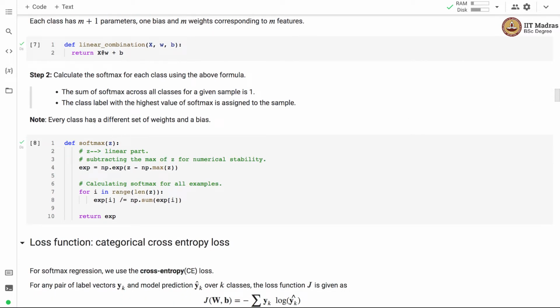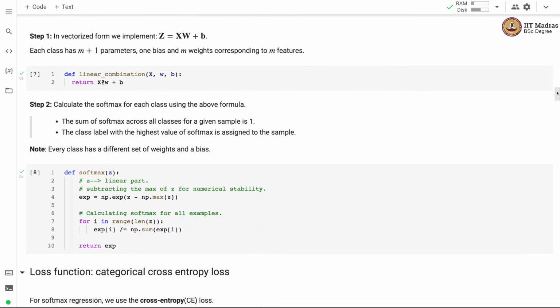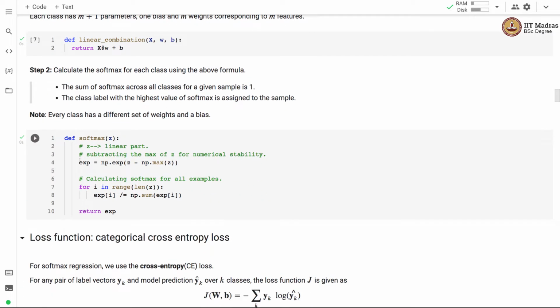Every class has a different set of weights and biases, as you must have noticed here. Every class has its own set of weights and biases. So we compute the softmax given Z that we obtained from the linear combination. Here we have one more step before actually applying softmax.